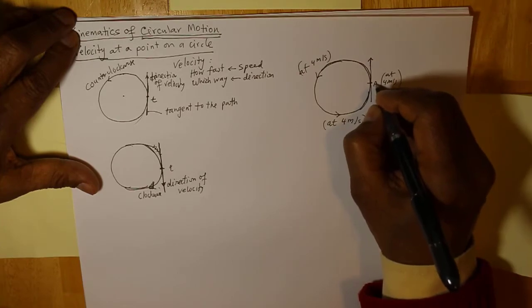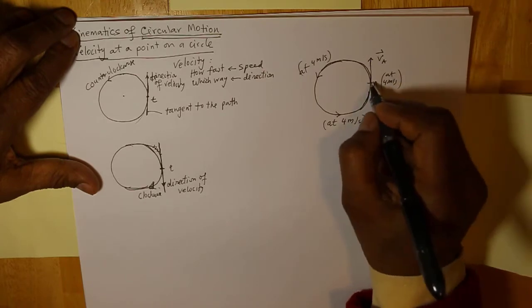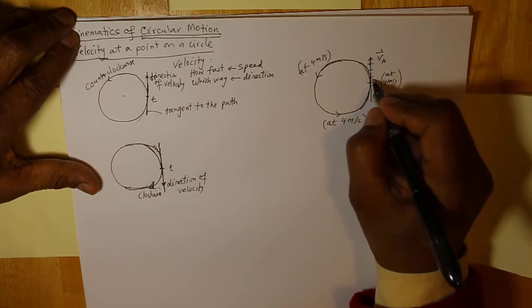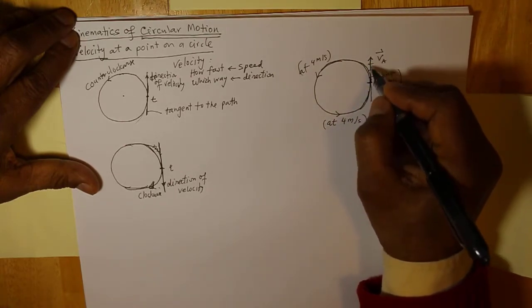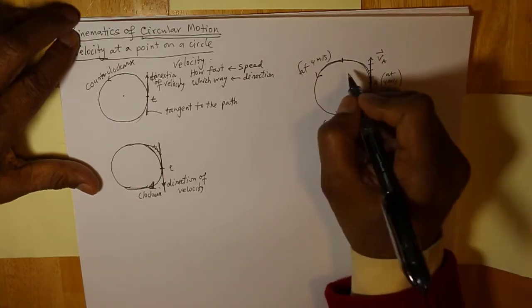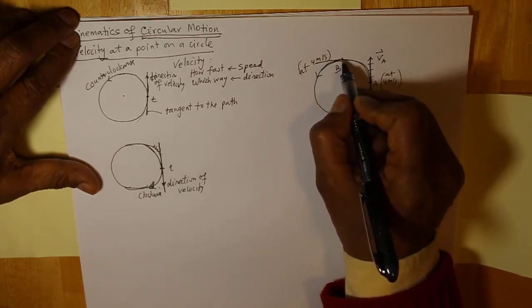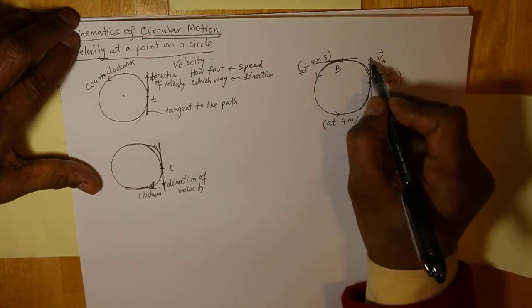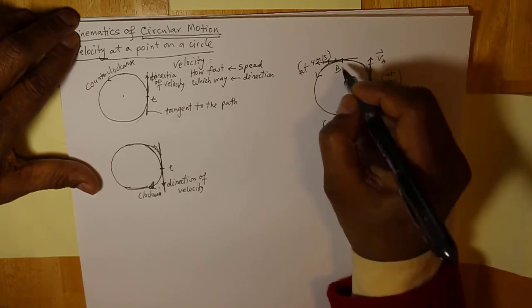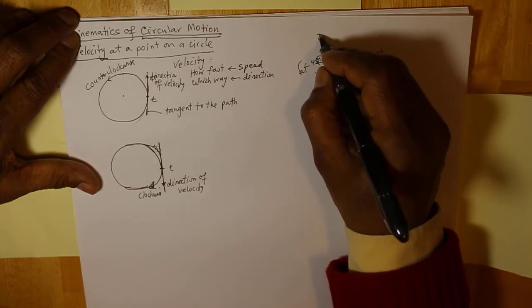So I'm at velocity at a. So this will be velocity at a vector, and if I want to draw an arrow to scale, we'll just say this is my length of the scale, so this vector will represent the velocity at a. Well, if I'm over here, let's say I'm over that point b, well, I'm still going at 4 meters per second, and the tangent here is this way, so I will use the same scale to draw the velocity vector there. So this velocity vector will be v at b.